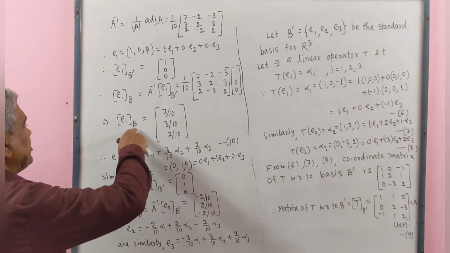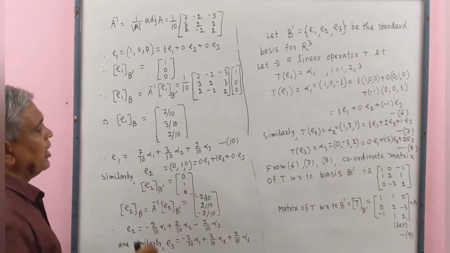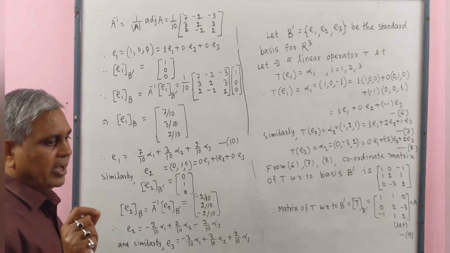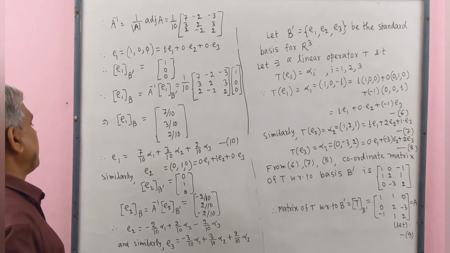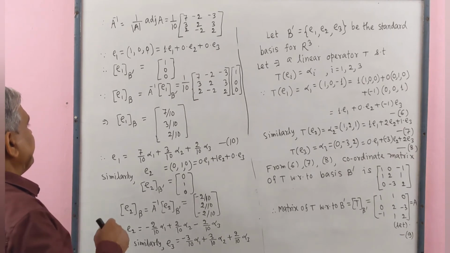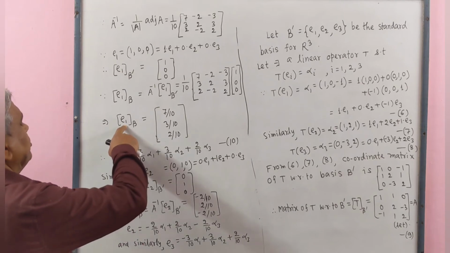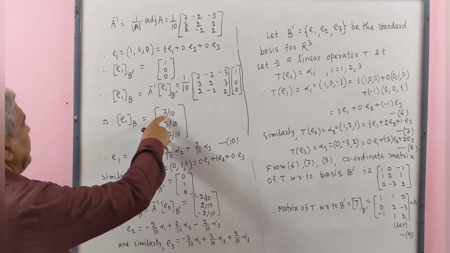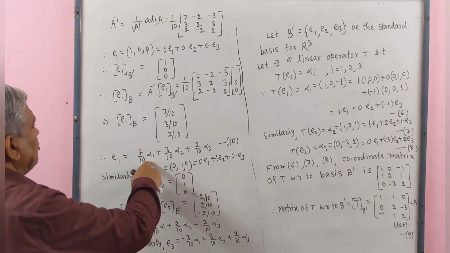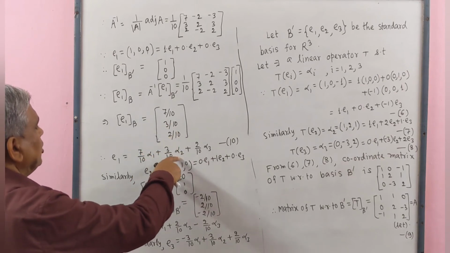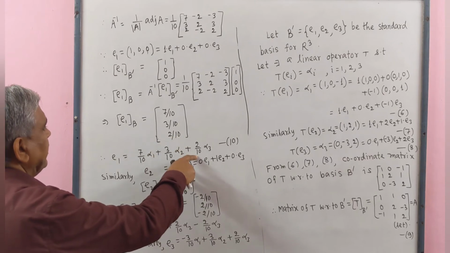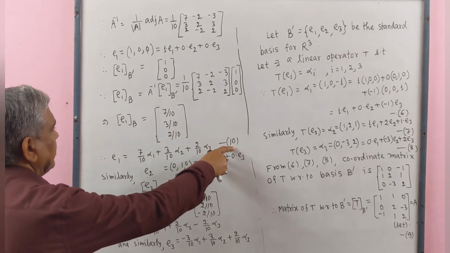Since basis B contains the vectors alpha 1, alpha 2, alpha 3, therefore e1 equals 7 by 10 alpha 1 plus 3 by 10 alpha 2 plus 2 by 10 alpha 3. This is number 1.